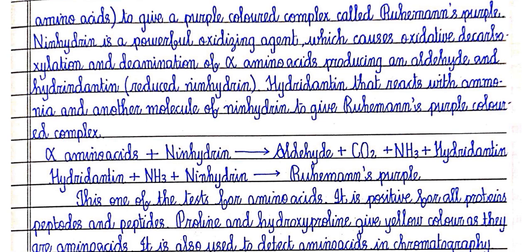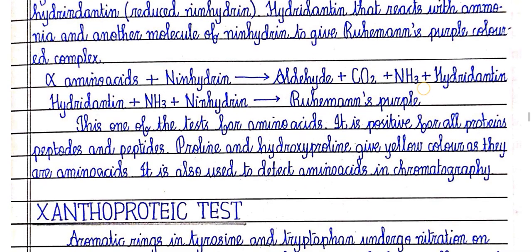Alpha amino acid plus ninhydrin gives aldehyde plus CO2 plus NH3 plus hydrindantin; hydrindantin plus NH3 plus ninhydrin creates Ruhemann's purple.